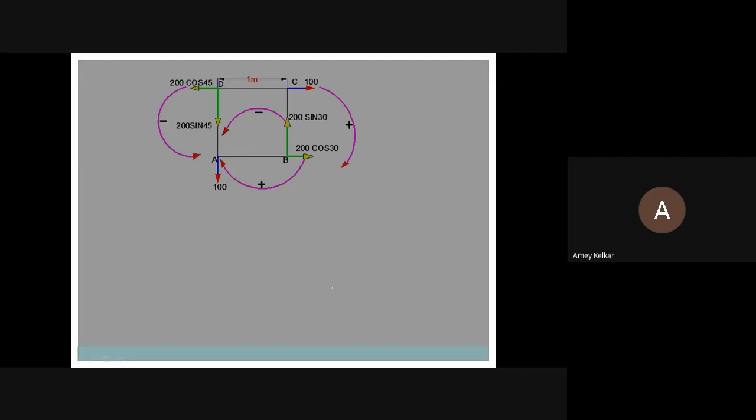one thing I have kept here. Is it correct or wrong? I want you all to answer it. I have kept a moment of 200 cos 30. This is what happens in the exam, and during valuation we see these things happening many times. I have kept this moment, but it doesn't occur, because this distance is 0.